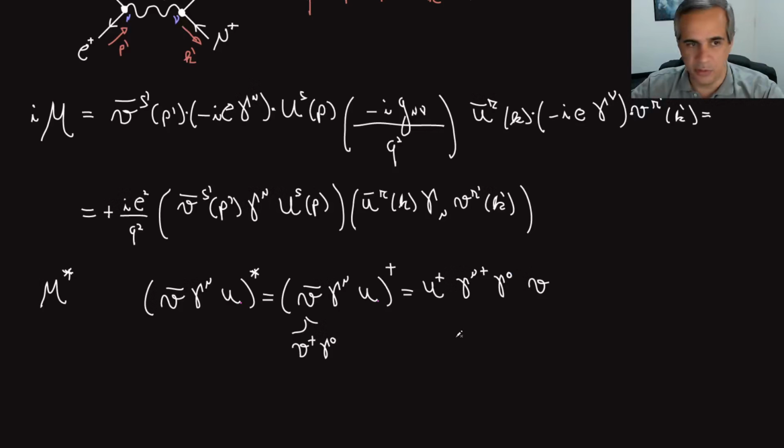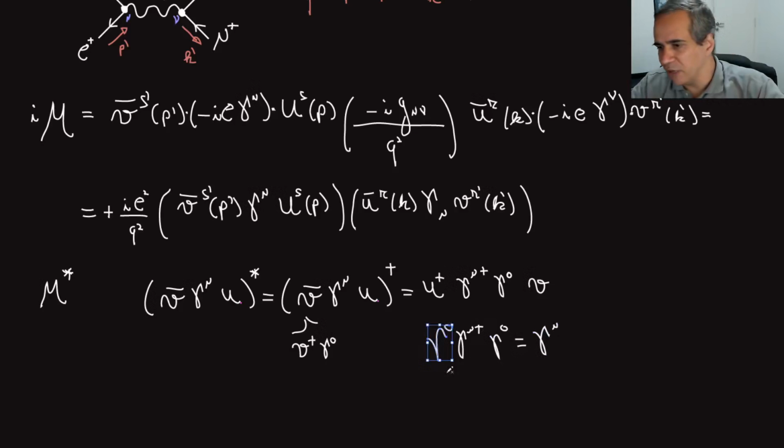And we also know that gamma mu dagger gamma 0 is gamma 0 gamma mu. If you don't remember this, go back to where I first defined the Dirac matrices. This is true in our convention.